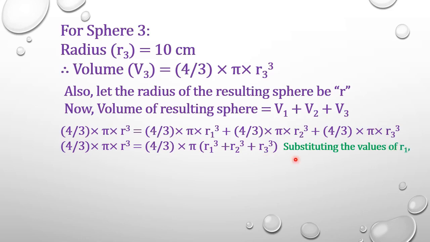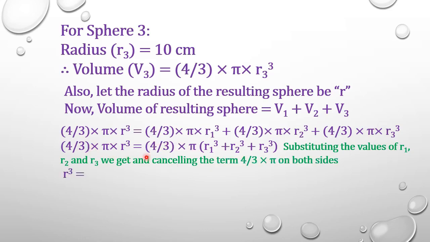Now substituting the values of r1, r2 and r3 we get, and cancelling the term 4 by 3 into pi on both sides, r cube is equal to 6 cube plus 8 cube plus 10 cube. r cube is equal to 1728. So r is equal to 12 centimeter.